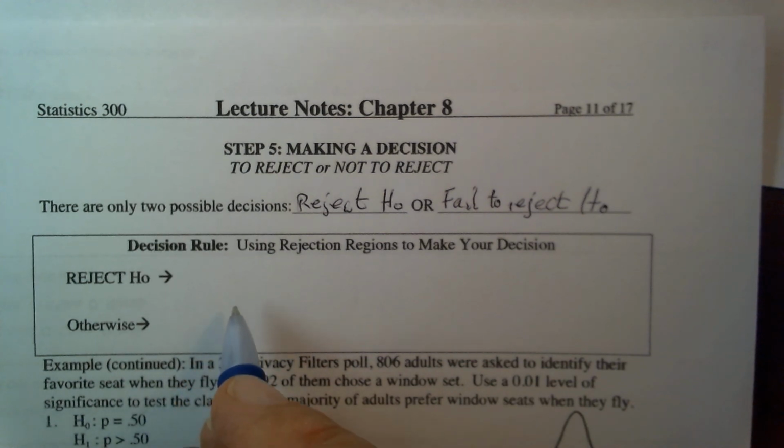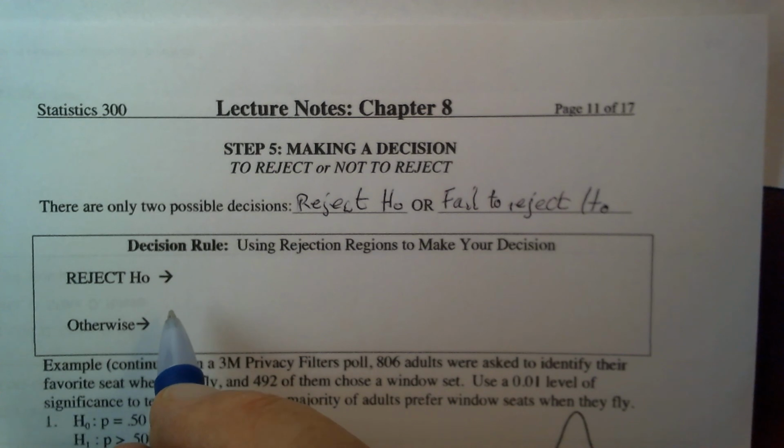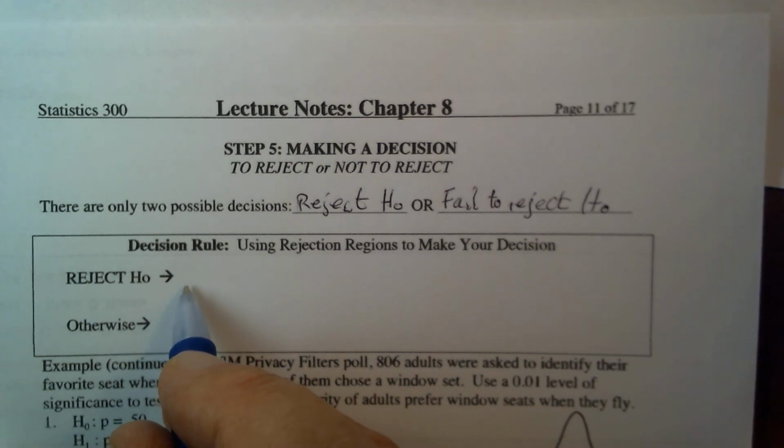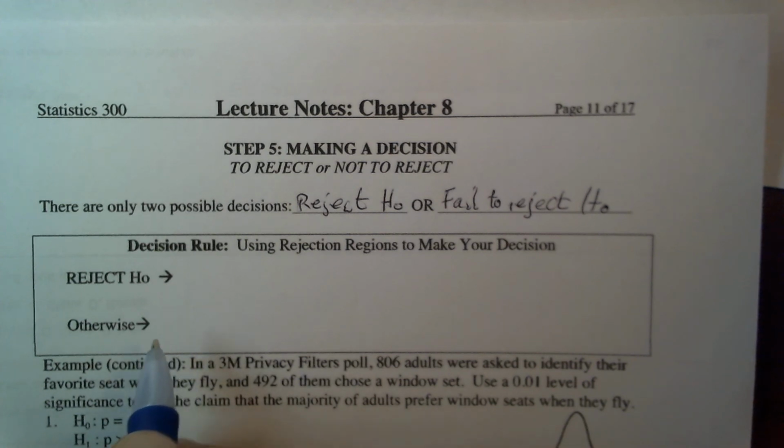So we use the rejection regions to make our decision. We reject the null hypothesis if the computed test statistic, the z-value we just computed, is far enough out into the tail to be in the critical value's rejection region. Otherwise, we fail to reject H0.